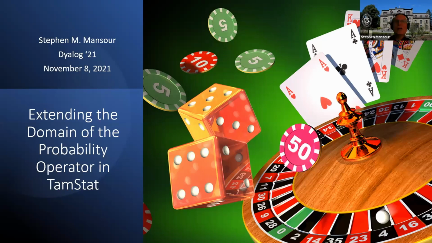So I've been working on TamStat, which stands for Taming Statistics, for quite a while. And one of the nice features that I found is the probability operator, which allows us to calculate probabilities from many of these distributions that Ron was talking about, a little bit easier than using them in statistics.